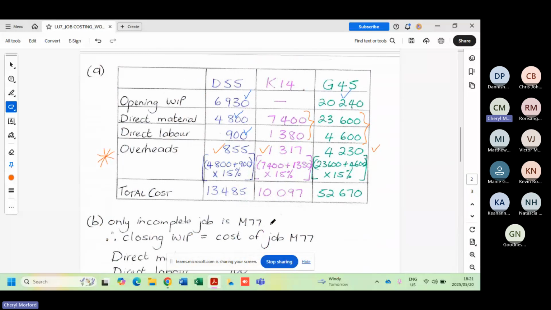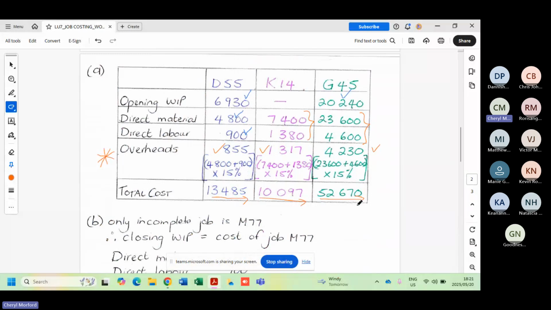We're going to find the total cost of each of the jobs by adding. So for D, it's the opening work in process plus material, labor, overheads, added together, and we're going to get 13,485. Same for K, it's just adding the three things together, and adding the four things together for G because it had opening work in process.